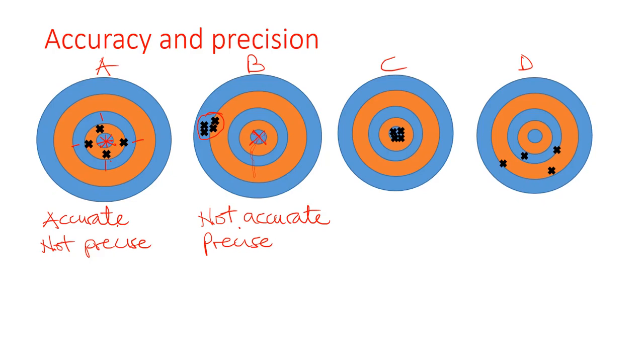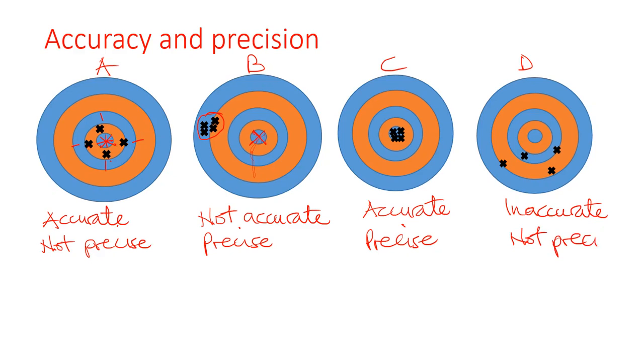It follows that C is both accurate and precise, and D is inaccurate and not precise. So you can say not accurate and not precise.